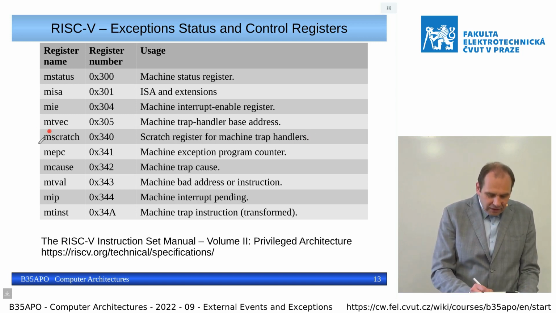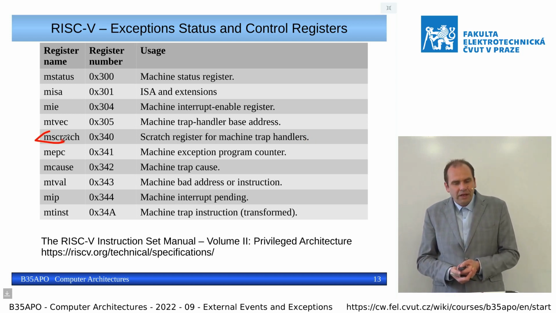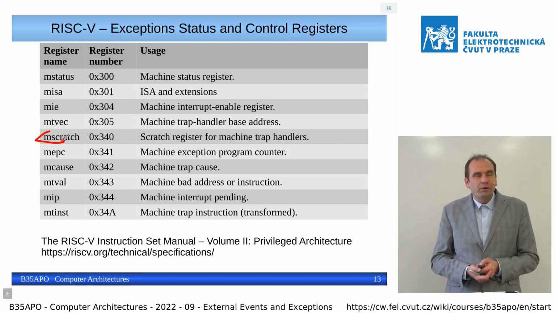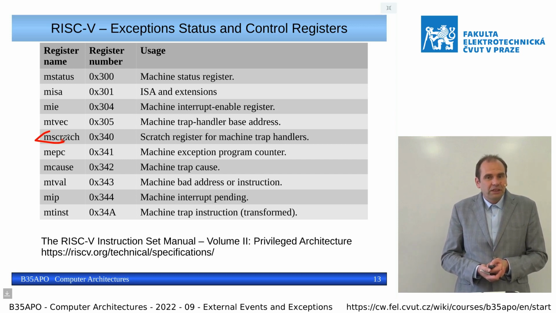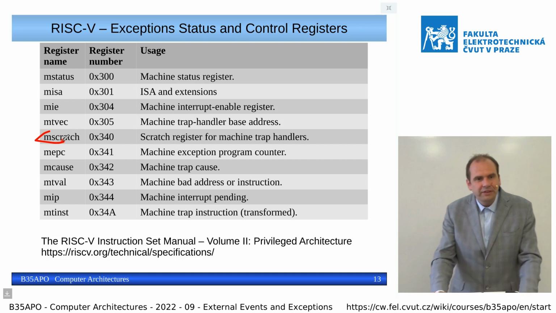And there is one problem: if we get to the exception, we want to store the state of all general purpose and floating point registers, so that we can restore them when the interrupt processing finishes.